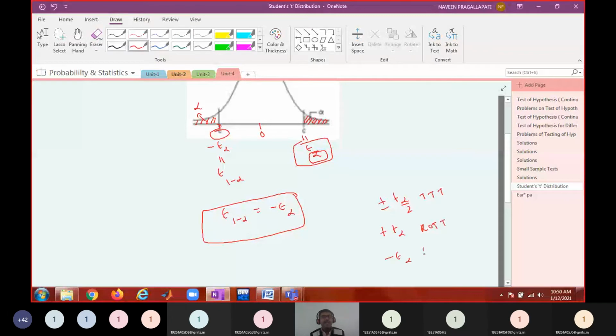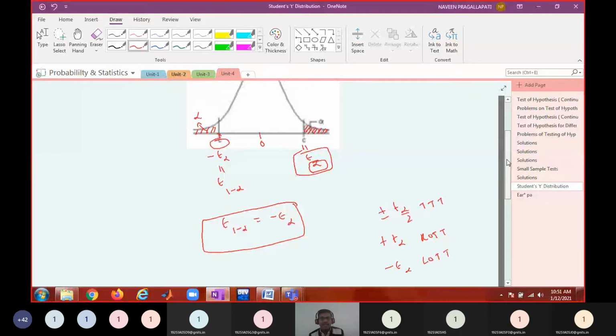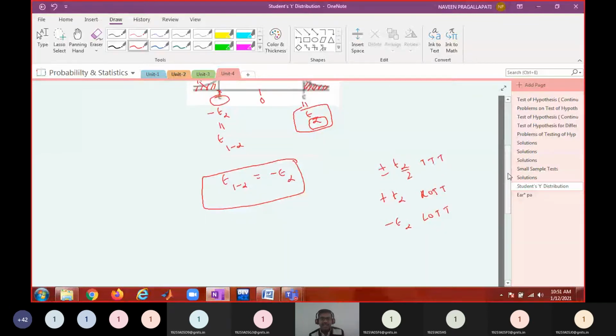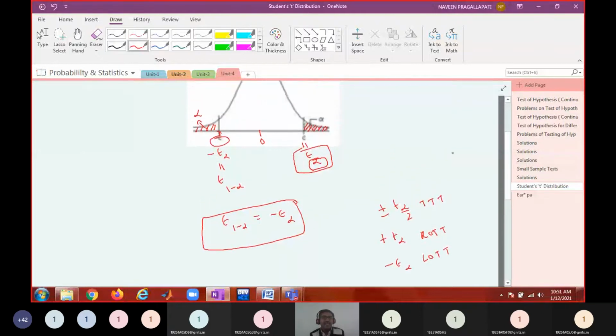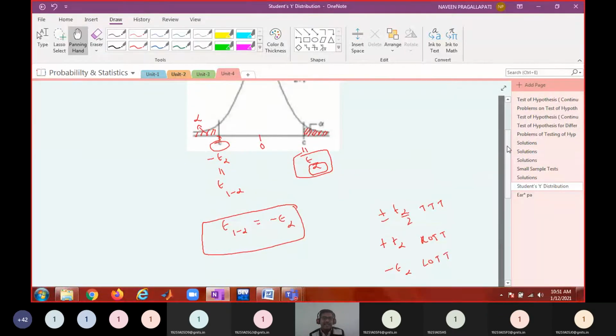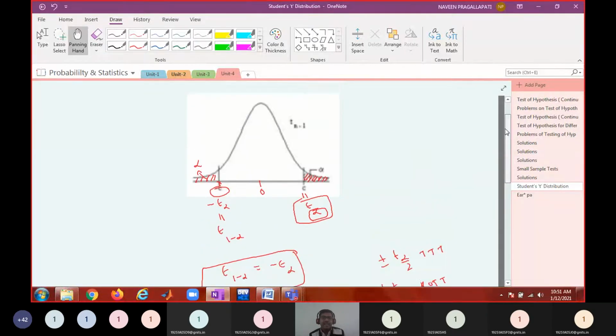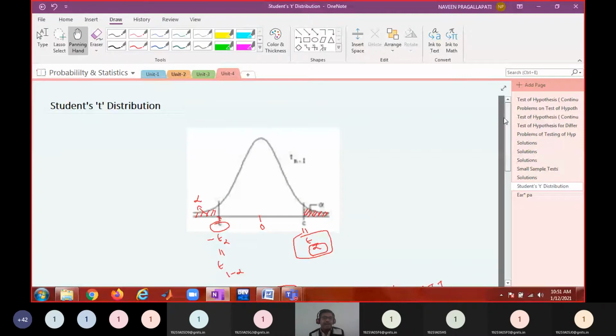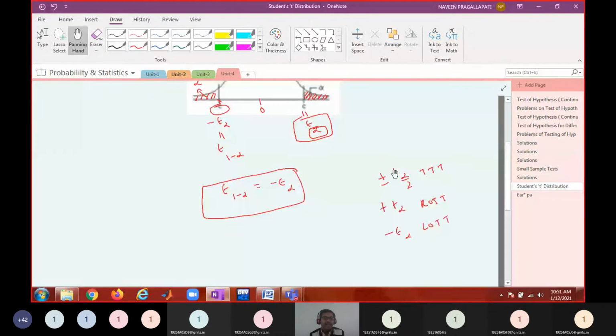This is similar to that of the Z test statistic, and you will reject the null hypothesis whenever the test statistic falls in the red rejection region. If it falls in the non-rejection region, you don't reject. So all the procedure is exactly the same, except computing the test statistic.